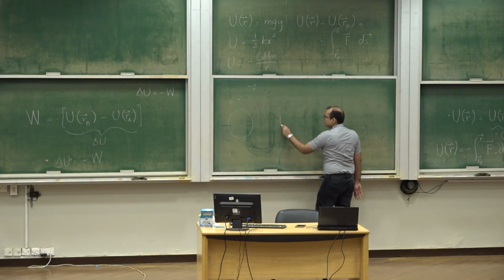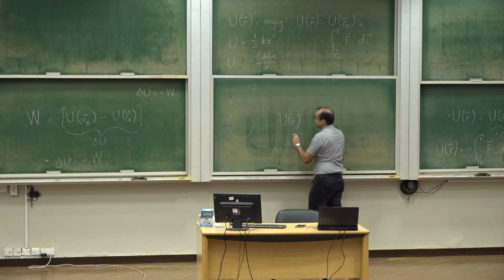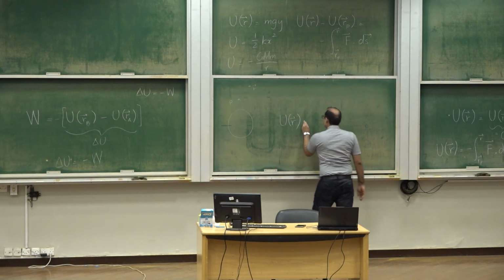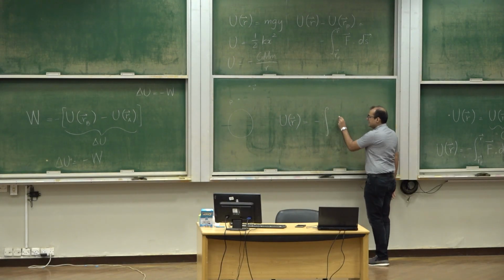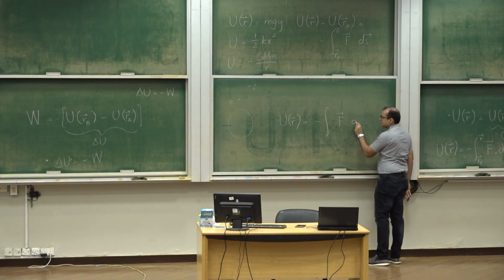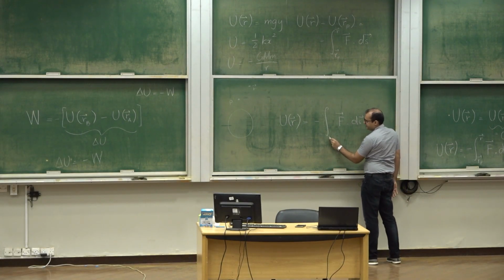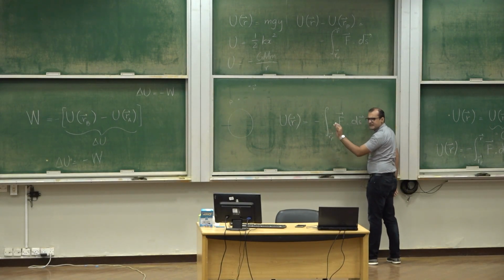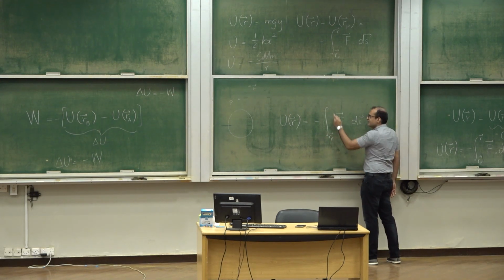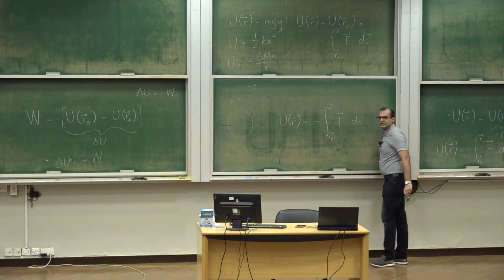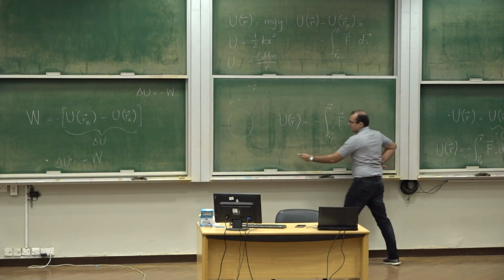So then U, the value of the potential energy function at this point, equals the negative of the integral of the gravitational force dot ds from the reference point, which I have kept arbitrary. Right now I will think about where to set the reference point, to the point at which I'm calculating the potential energy.